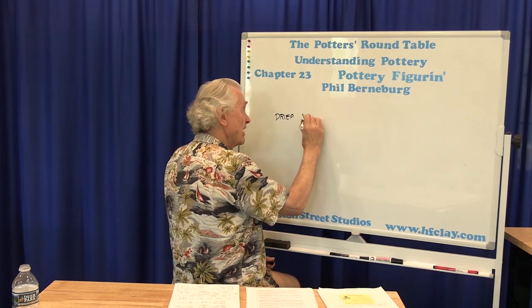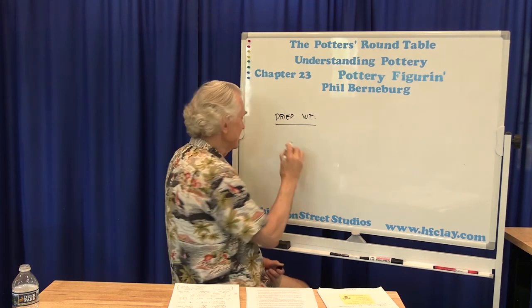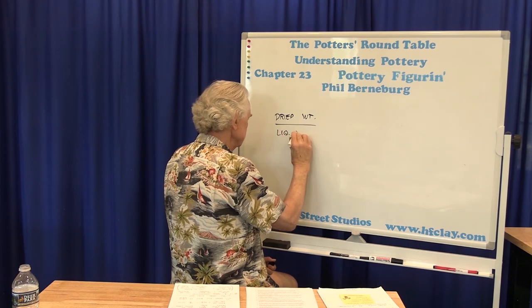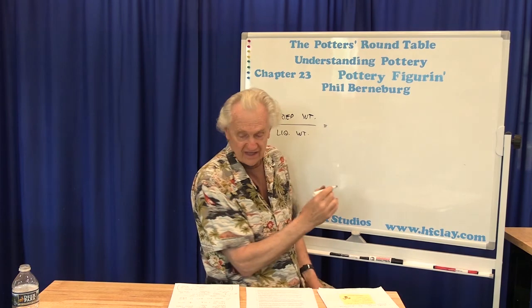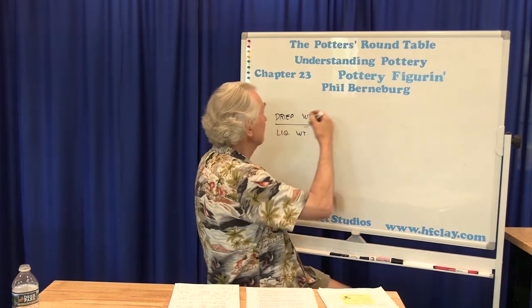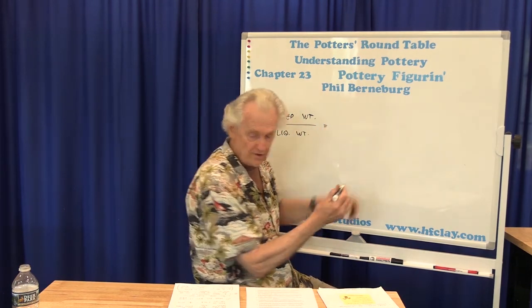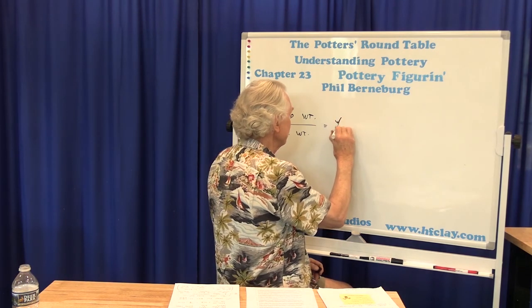So now this is just the powder. If I take the dried weight and divide it by the liquid weight, I'll get a decimal fraction like we talked about before, but basically it will give me the weight percent solids.